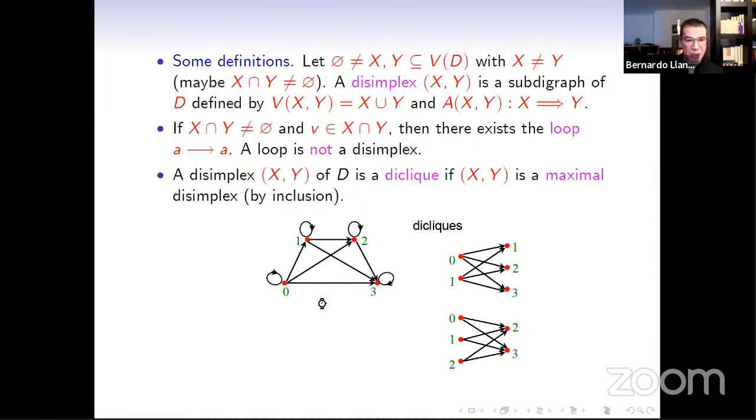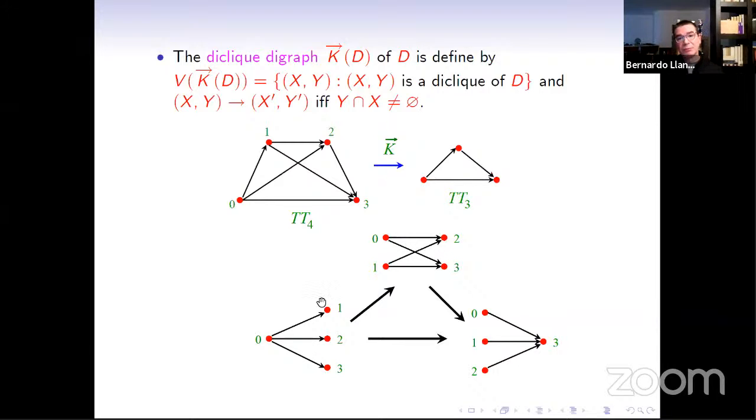So, for example, we can define again the dicliques digraph of D, and what we get. For example, we put these, observe, these are the dicliques I mentioned before, and then I will put an arrow between two dicliques if the end set of the diclique intersected with the beginning set of the other is not empty.